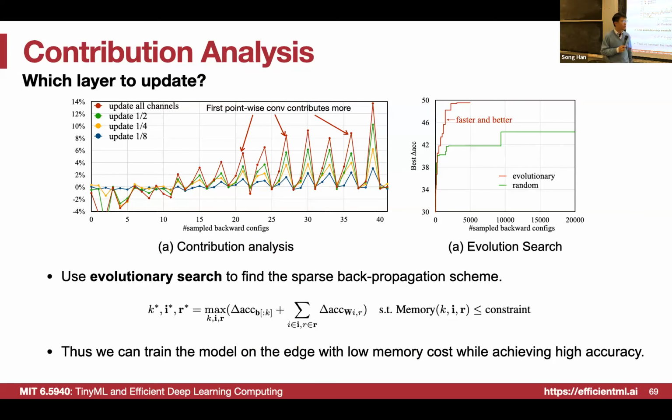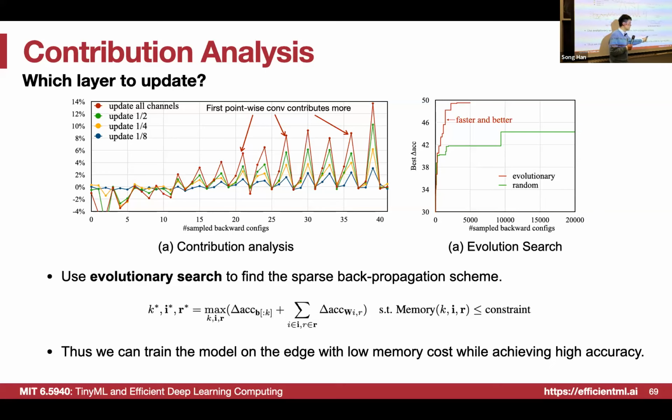And within a certain layer, we can also fine-tune different portions of that layer, like fine-tuning all the channels, half of the channels, 1/4 of the channels, or even 1/8 of the channels. You can imagine the more you fine-tune, the higher the accuracy you get. So we can do this profiling only once on a particular data set so that we can automatically search given a memory budget.